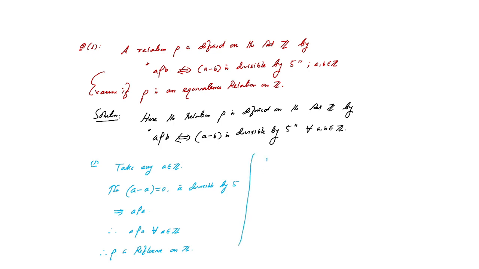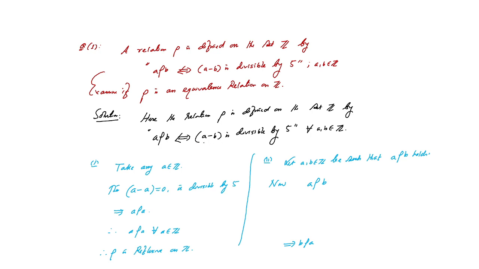Now we'll do the second thing: whether it is symmetric or not. So how will we write it? Let A, B belongs to Z be such that A rho B holds. Now I will show A rho B implies B rho A. So what exactly is meant by A rho B?